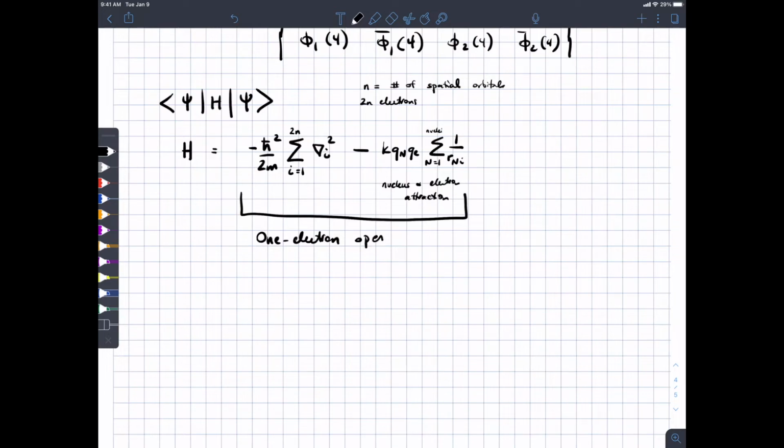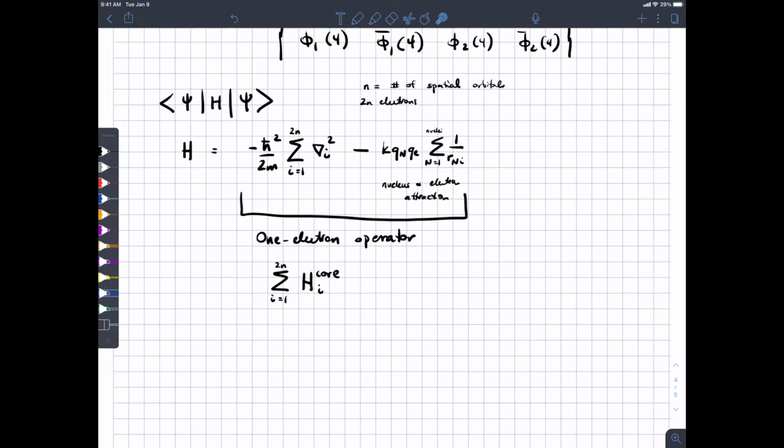And we're going to call this the core integral, or the core operator. So H with a core on it. And we're going to put an I here to represent each electron from 1 to electron 2n. And this operator represents this function applied to just electron I.